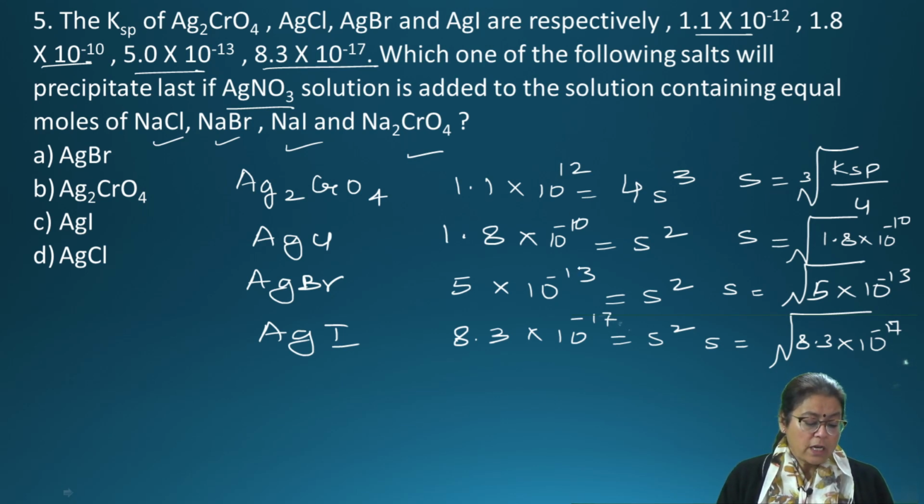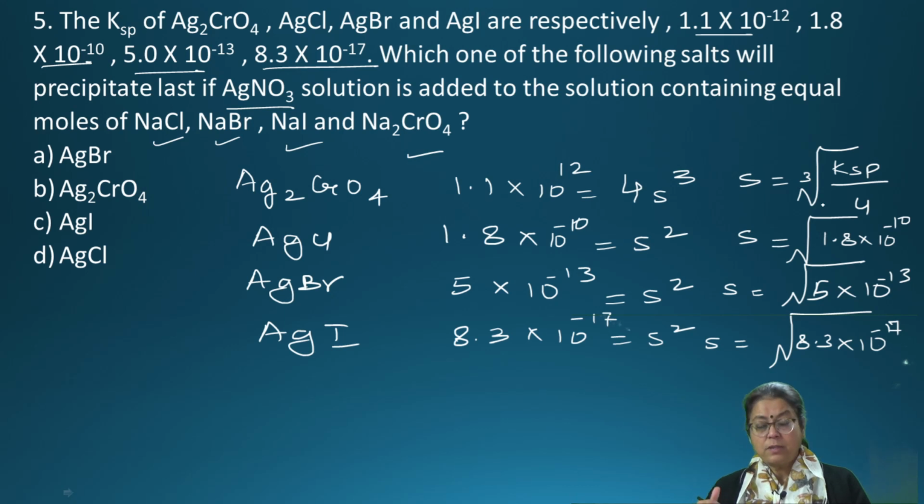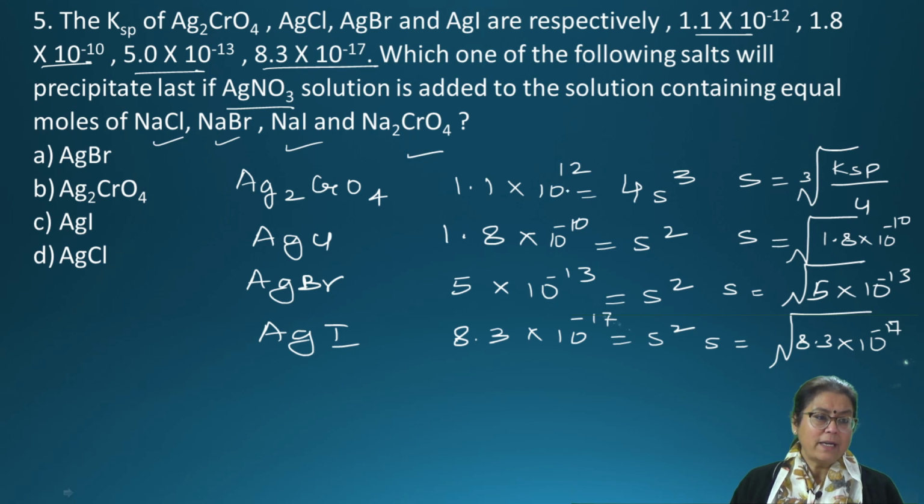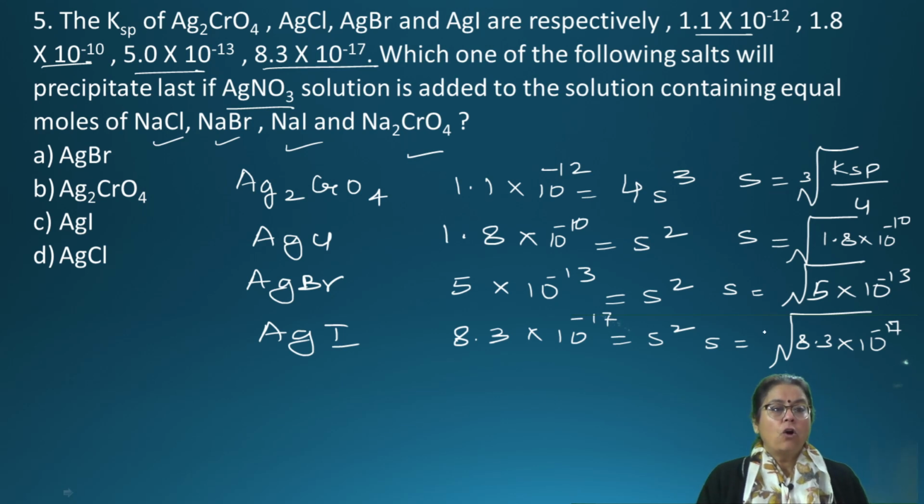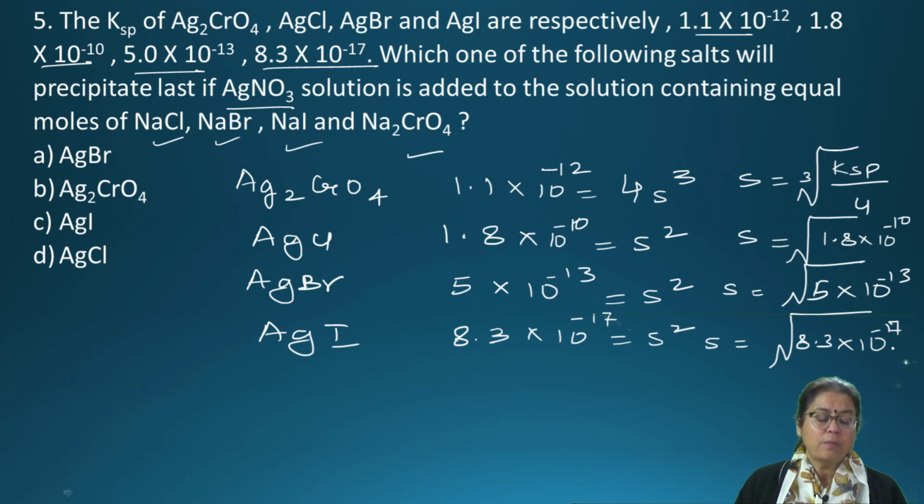Solubility of Ag2CrO4 अगर हम लोग देखें, so that is the highest. So वो सबसे जितनी ज्यादा solubility होती है उतनी precipitation जो है वो कम होती है, ठीक है. अब यहाँ पे सबसे largest जो solubility है, that is if you can see over here, KSP 1.1 into 10 raised to power minus 12 divided by 4 और उसका cube root, और AgCl की 1.8 into 10 raised to power minus 10 का cube root, और solubility 5 into 10 raised to power minus 13 का under root और 8.3 into 10 raised to power minus 17.